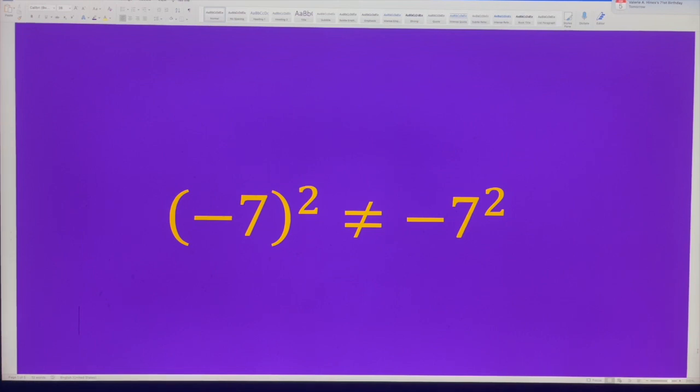-7 squared, in parentheses, on the left side of the not equal sign. On the right side, you see the negative sign and the 7 squared. Now, if you take a good look, you'll notice that there is a difference between the expression on the left and the expression on the right.